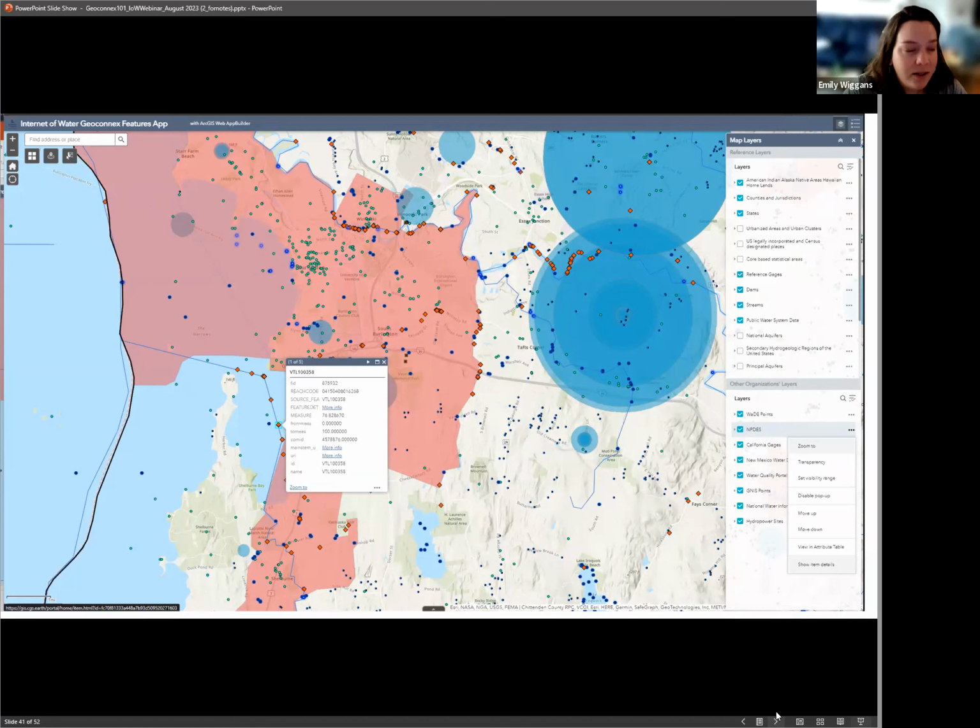As a proud University of Vermont graduate, I wanted to show a little example of the Burlington, Vermont area. So here I have clicked a National Pollutant Discharge Elimination System point.